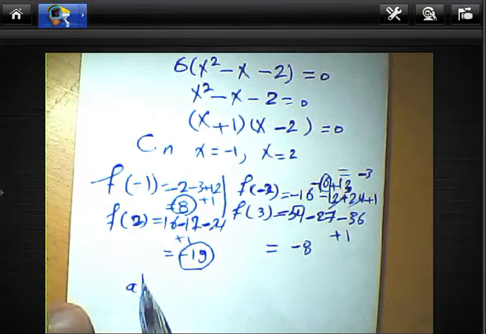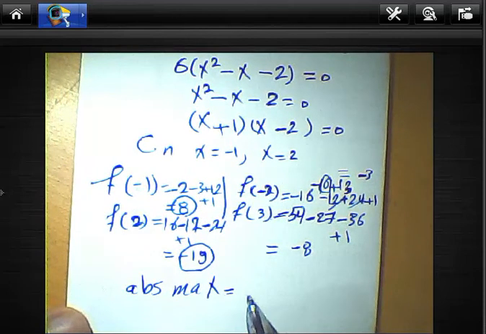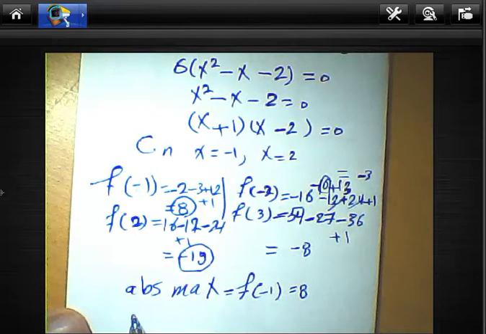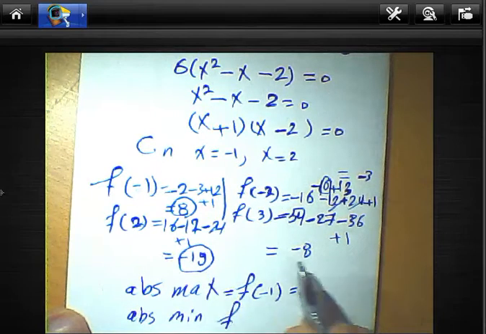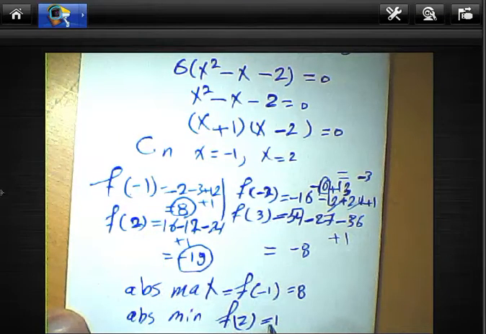So we can write the absolute max: f of negative 1 equals 8 is the maximum, and the minimum is f of 2 equals negative 19.